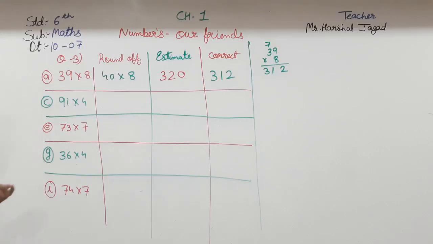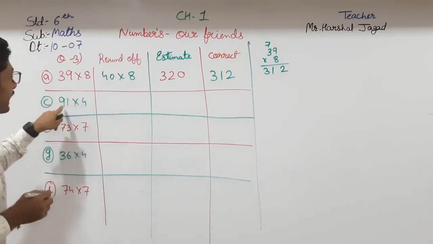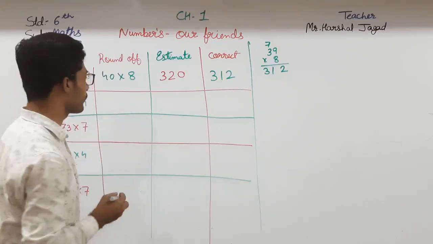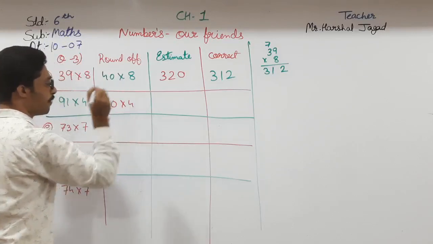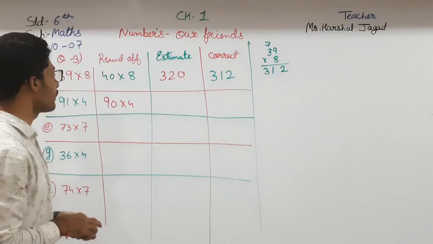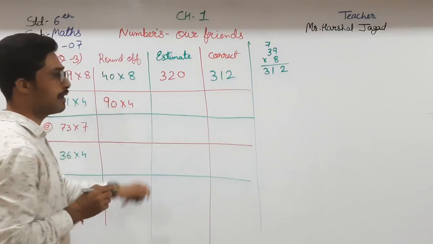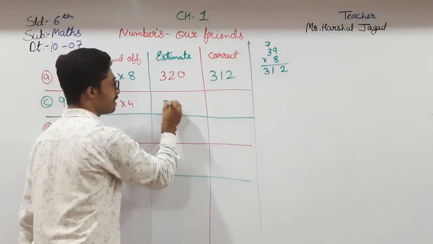Okay students, next one, it is 91 into 4. So here I can say 90 into 4, that is 36. 9 4s are 36, so your answer will be 360.